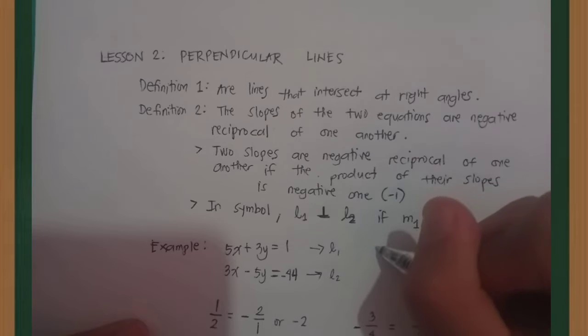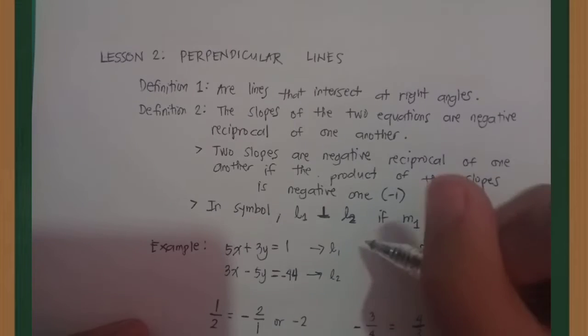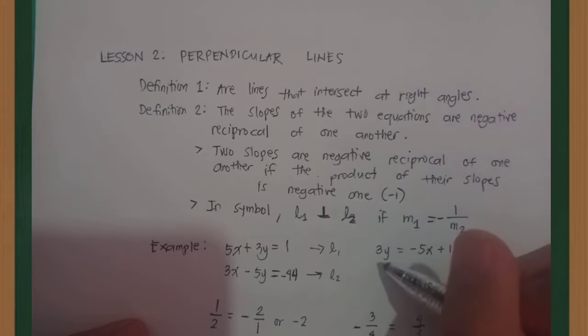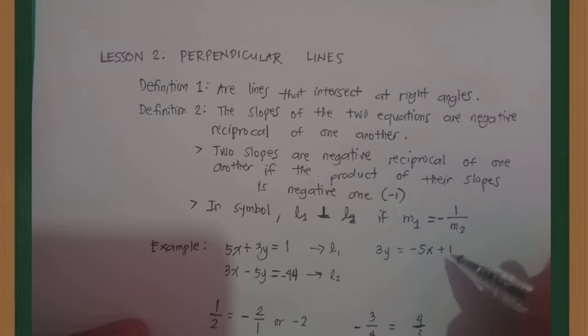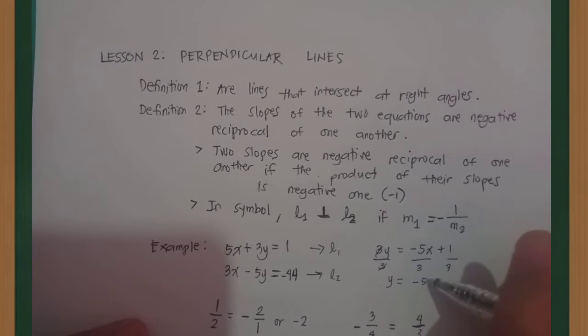So 3y equals negative 5x plus 1. This is for line 1 only. Then divide by 3 on both sides. We get y equals negative 5 over 3 x plus 1/3.